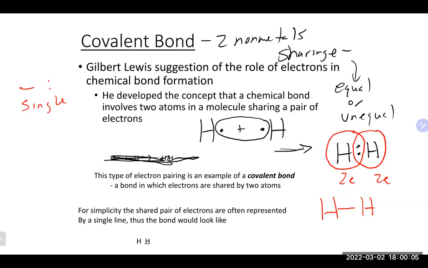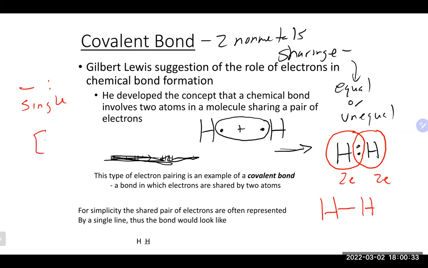Those electrons, because they're negatively charged, are attracted to the positive nucleus on the guy on the left, but they're also attracted to the positive nucleus on the guy on the right. So that dual attraction locks those electrons in between the 2 atoms, and that's what basically makes a covalent bond. 2 electrons is important for hydrogen because who is number 2 on the periodic table?